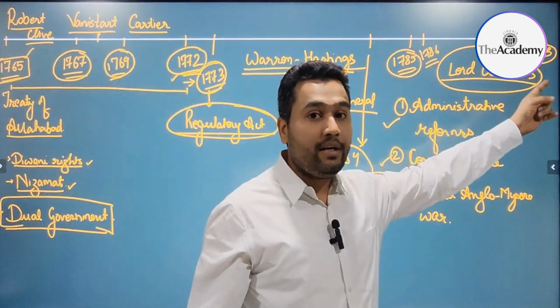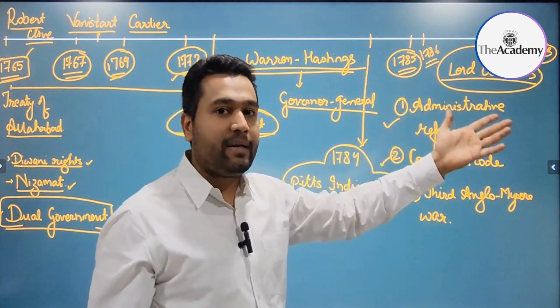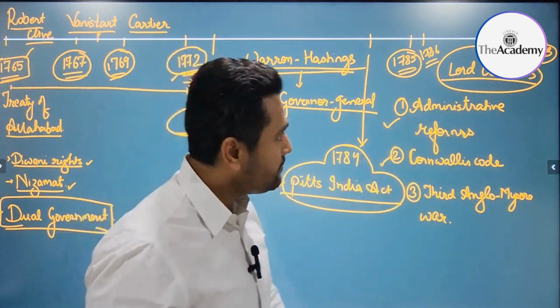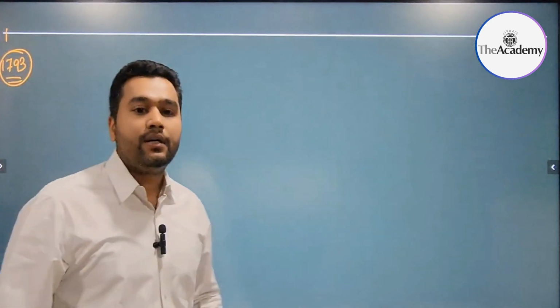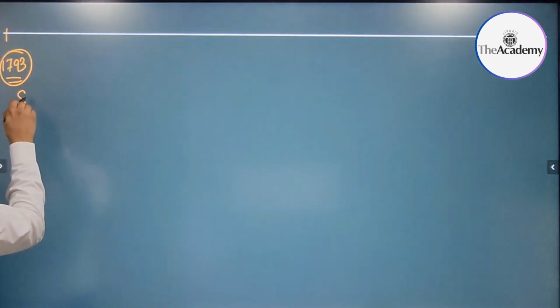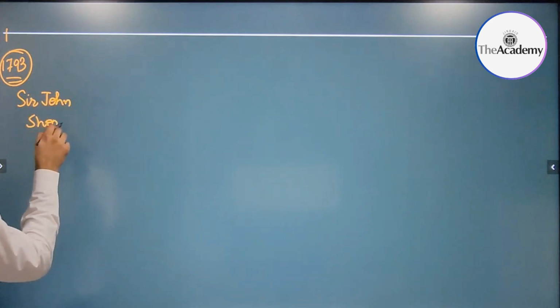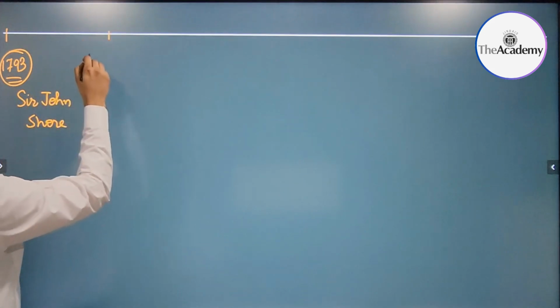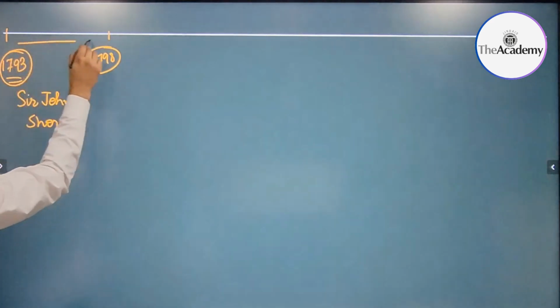In 1793, an act was passed by the British Parliament which led to the Permanent Settlement Act. In 1793, when Lord Cornwallis left, Sir John Shore became the Governor General, and Sir John Shore ruled from 1793 till 1798.